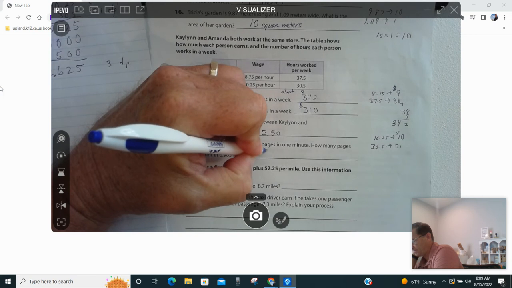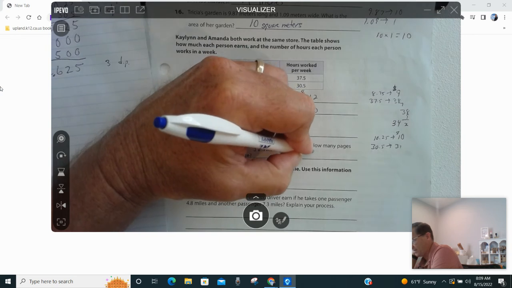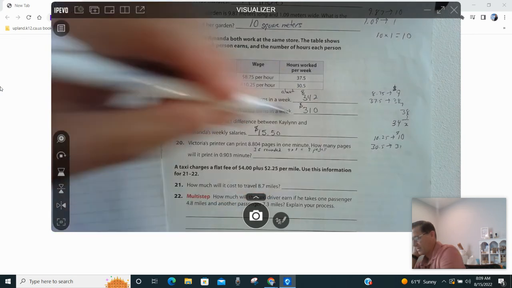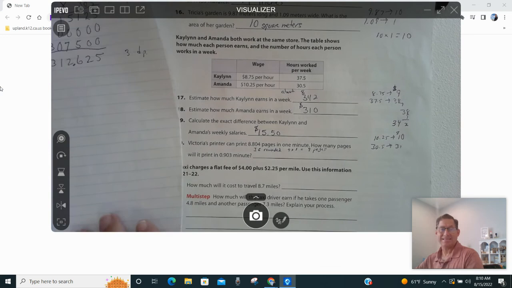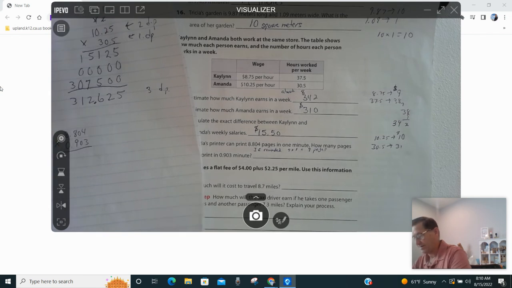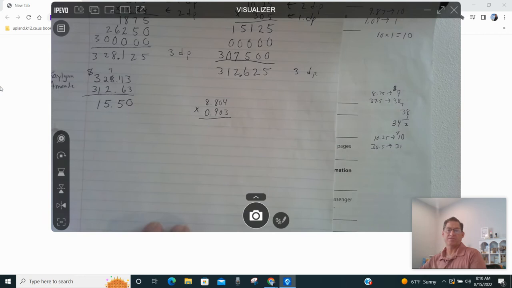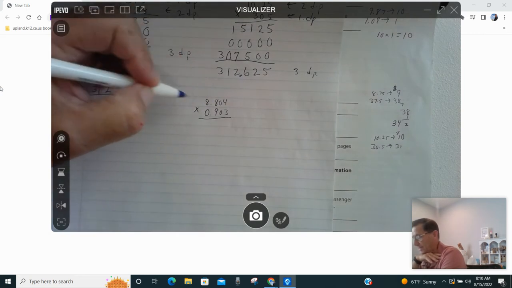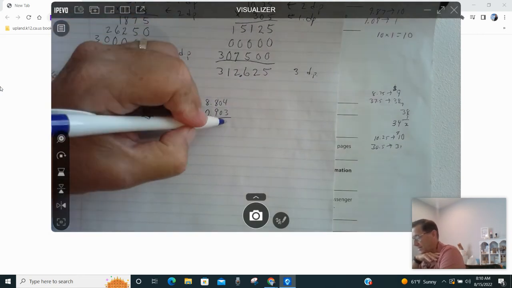If rounded, 9 times 1 would equal 9 pages. If we're finding the exact answer, 8.804 times 0.903. Okay, so this is if we're multiplying the exact rate.